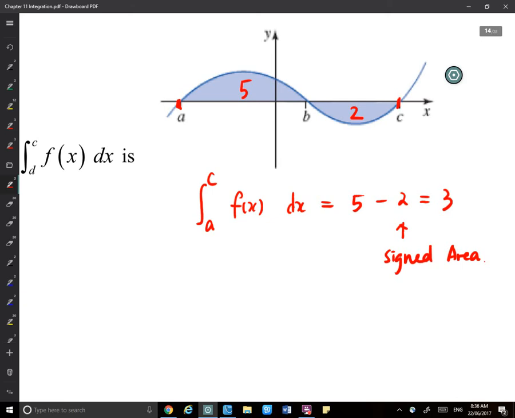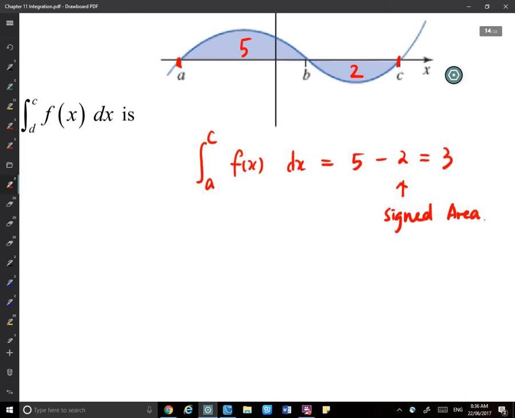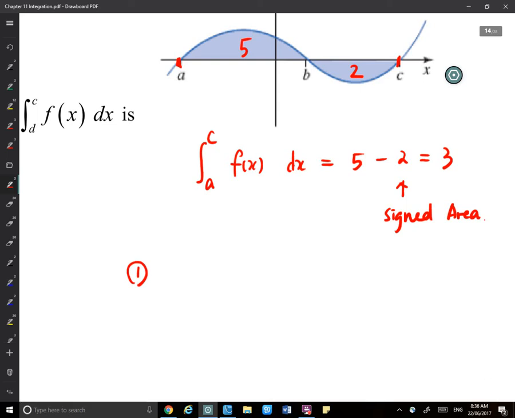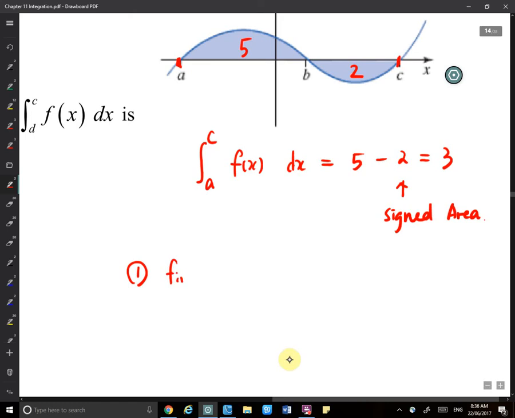So what we should do, we have two ways to do it. First is the by-hand approach, where we do it manually without CAS. We will find the x-intercept, in this case b.